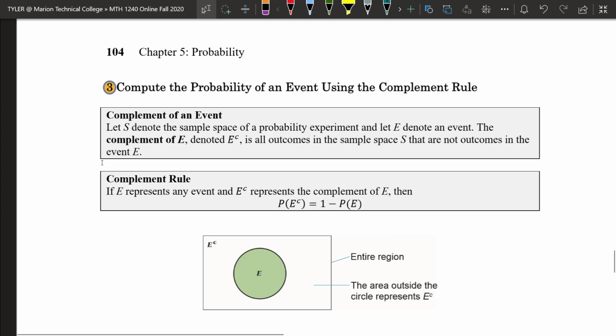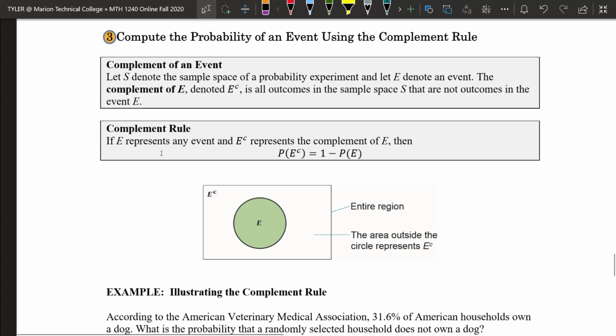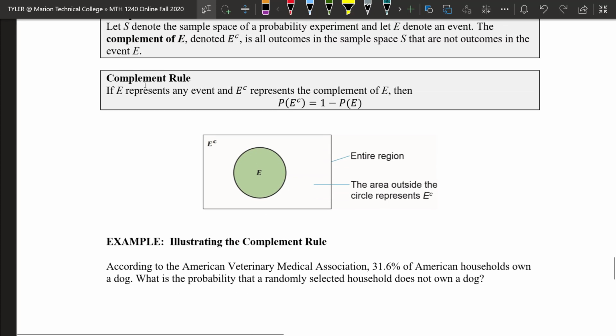So the complement of an event: if we let S denote the sample space of a probability experiment and let E denote an event, the complement of E, denoted E with a superscript C, is all the outcomes in the sample space S that are not outcomes in the event E. The idea with this complement rule is, how are the probability of E and the probability of E complement related to one another?